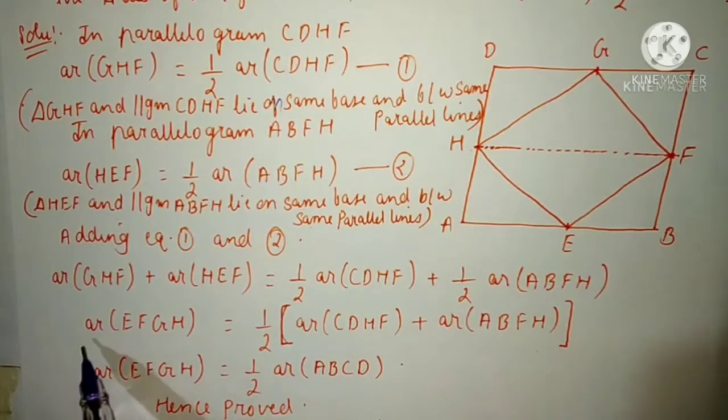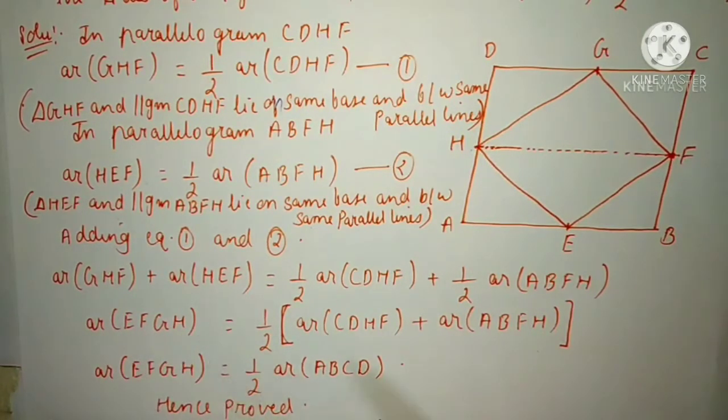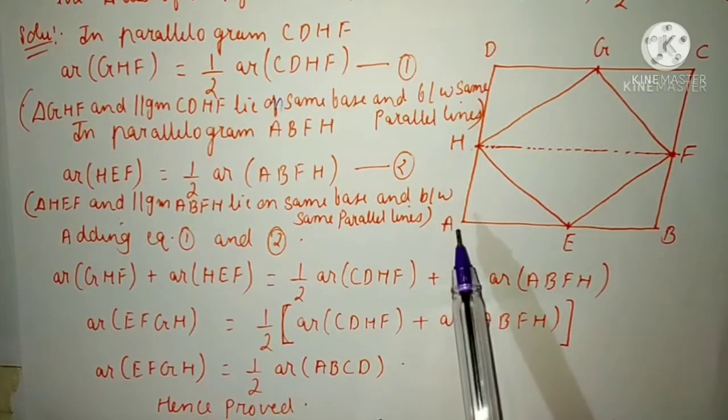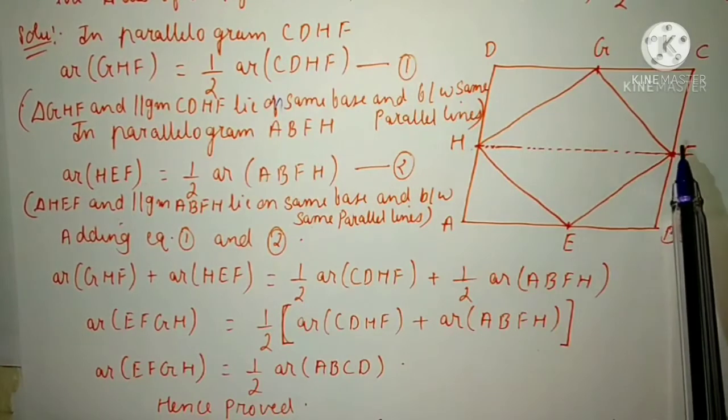Okay, so area of EFGH is equal to, take 1/2 common from these two, so half of area of CDHF plus area of ABFH, bracket close. Now area of EFGH will be equal to half of area of CDHF plus area of ABFH.